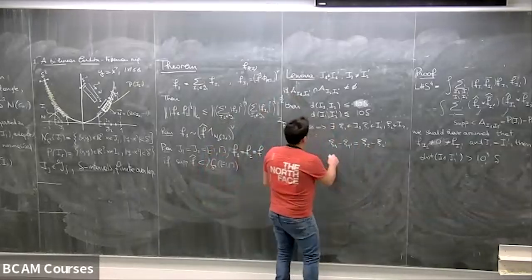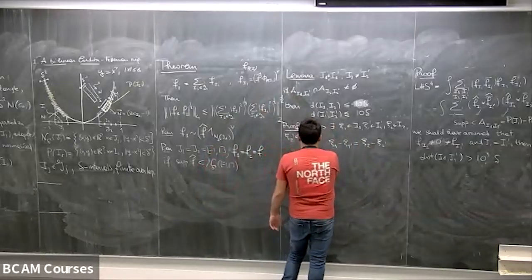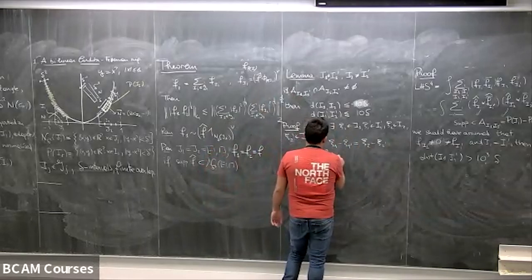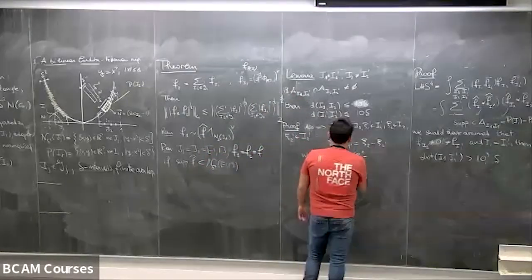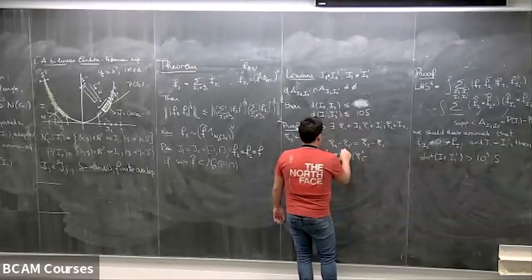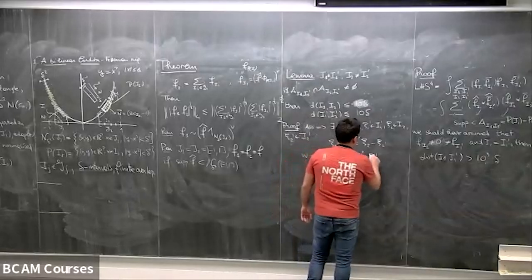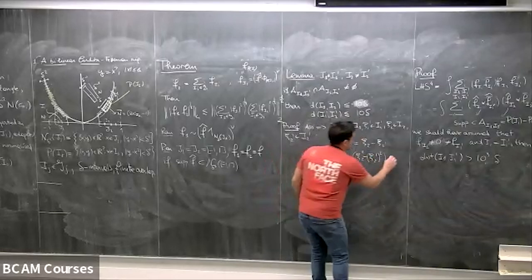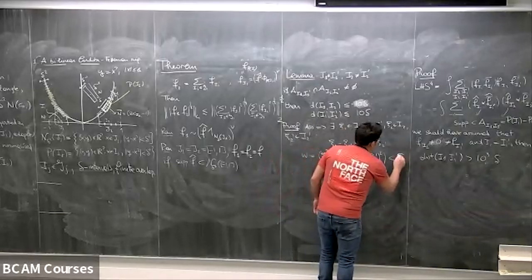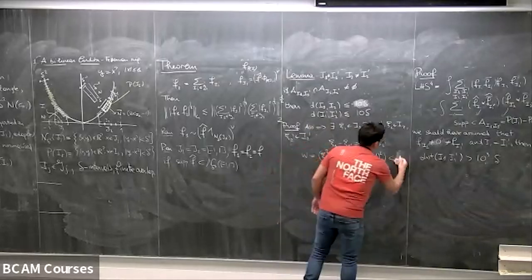And then this difference, psi1 squared minus psi1 prime squared minus psi2 squared minus psi2 prime squared, is positive and less than 2 delta squared.